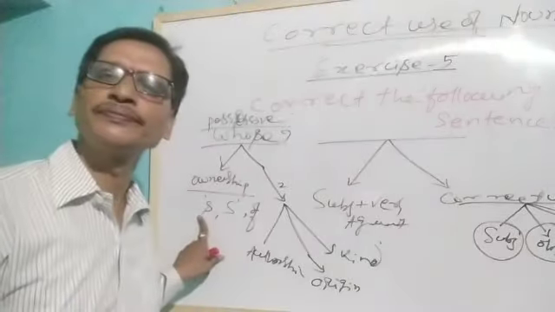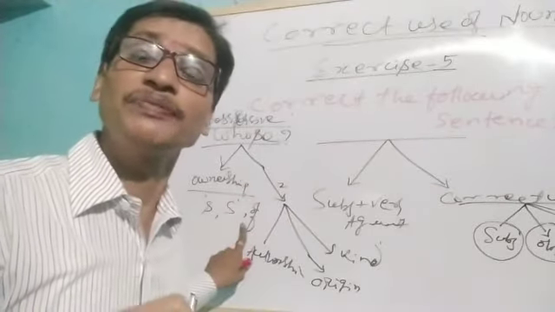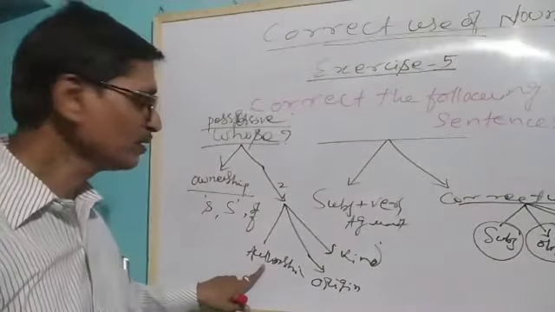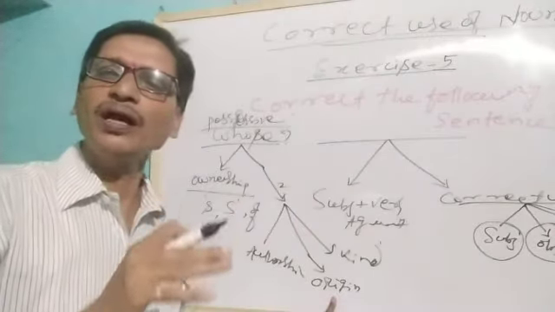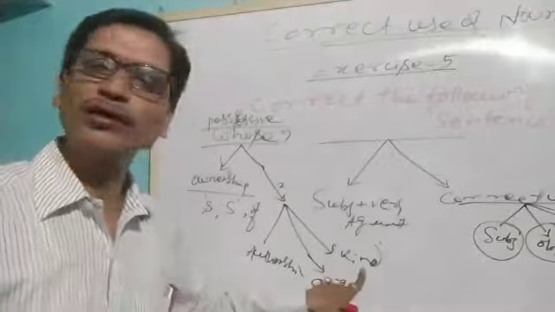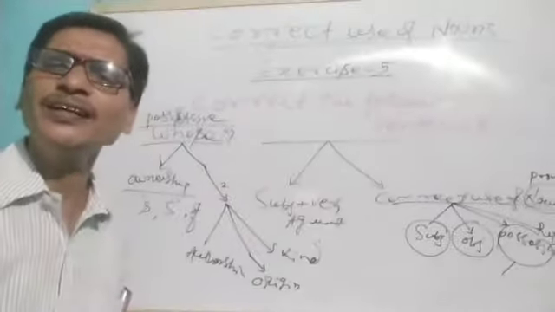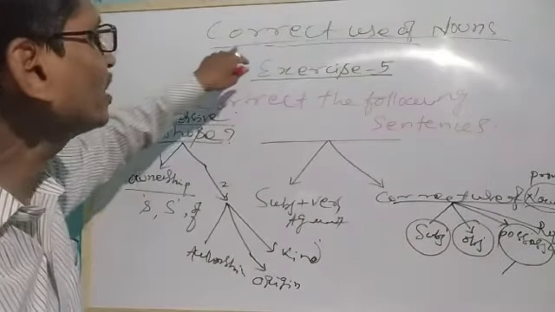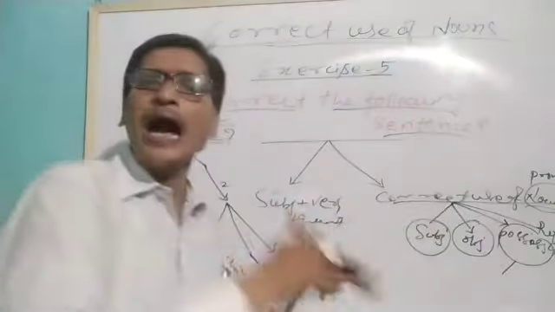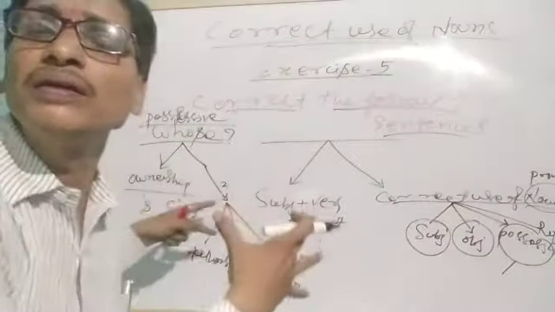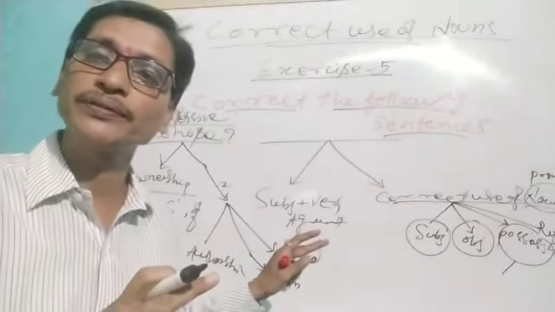Rama's book, boys' school, leg of the chair, Shakespeare's dramas, plays, court's order, mother's love. So these things we did discuss in our previous classes. I am just recalling this before we have the correct the following sentences. How can we correct unless we can recall those rules we have learned?